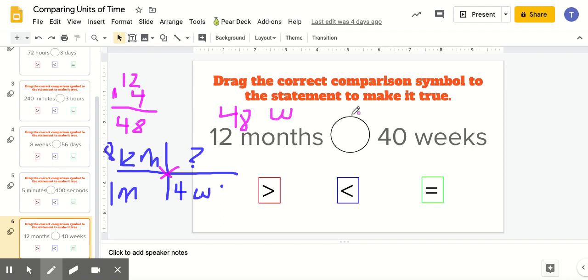So if you're trying to compare 12 months to 40 weeks, 12 months is greater than 40 weeks.